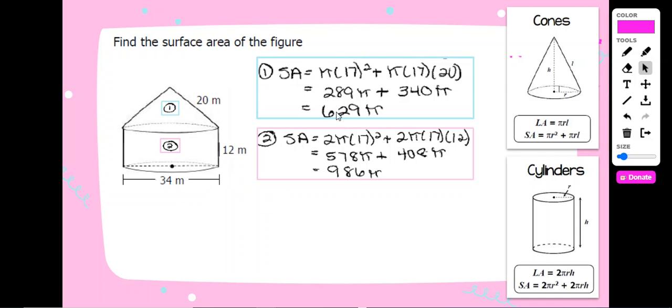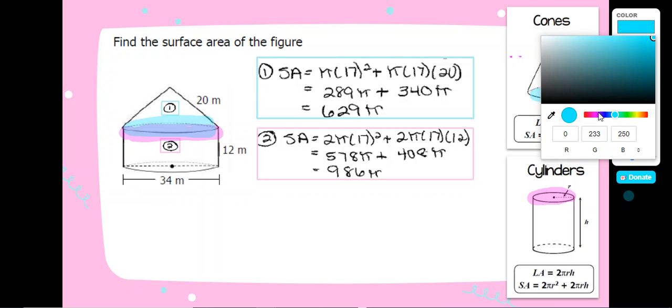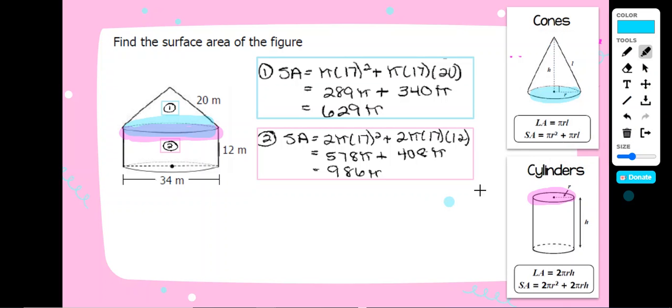Now the problem that you might see with this is that in the cylinder we have two bases, and this top base on the cylinder and the base on our cone are where these guys intersect, right? That's where they touch. But they're also both inside that space, and so we don't need them, okay? We need one base on the bottom because that is part of the outside shape. So we need one base, but two bases can go away.